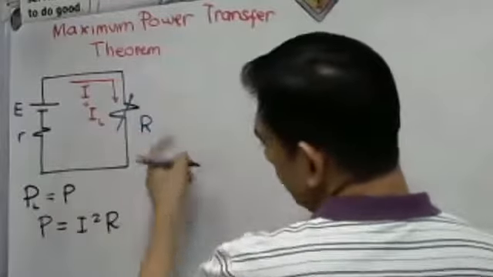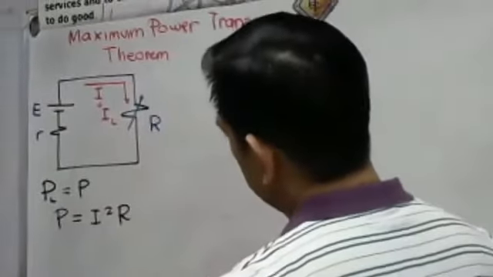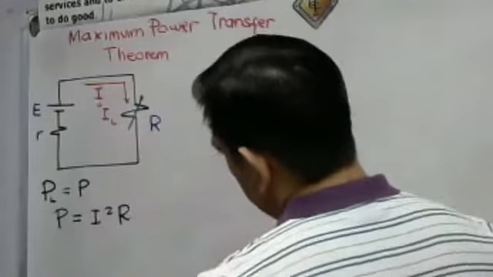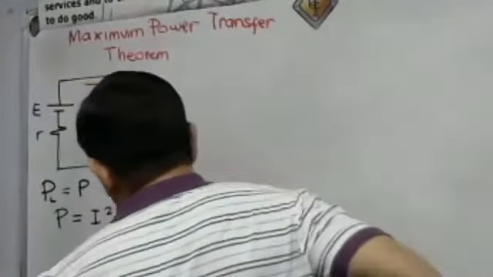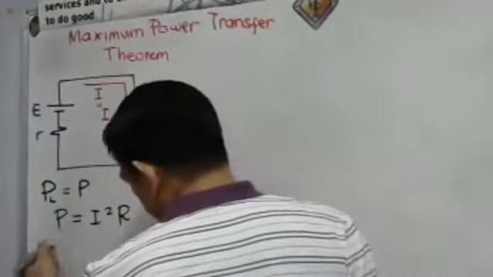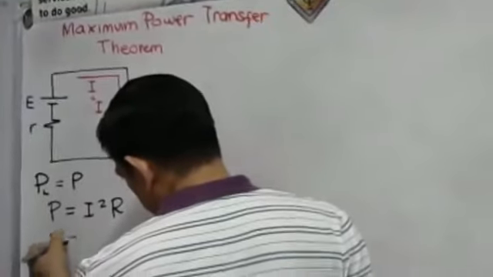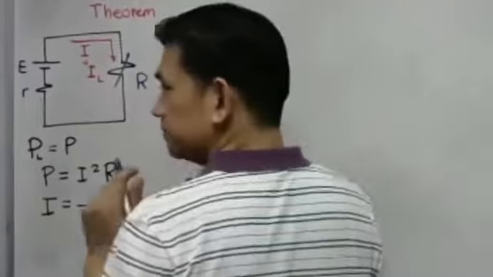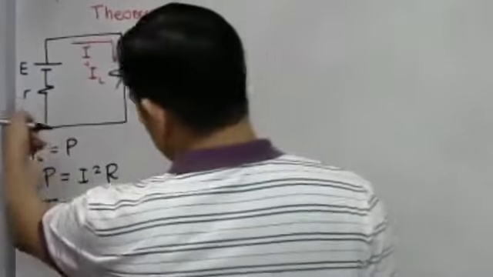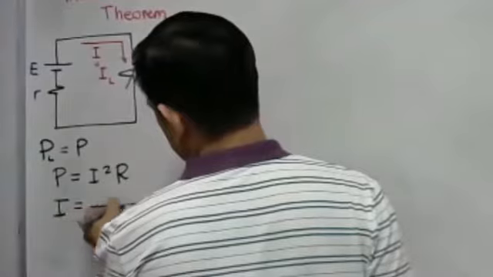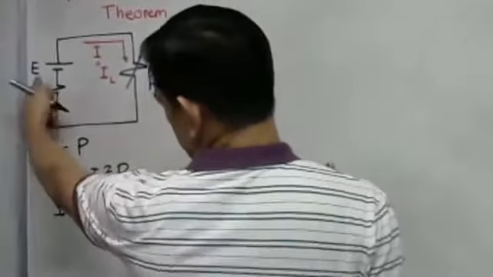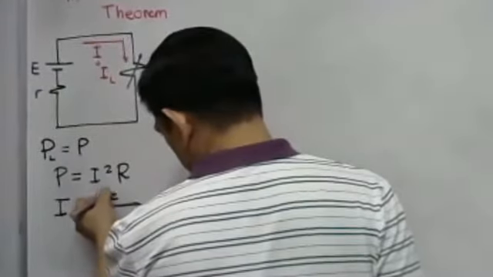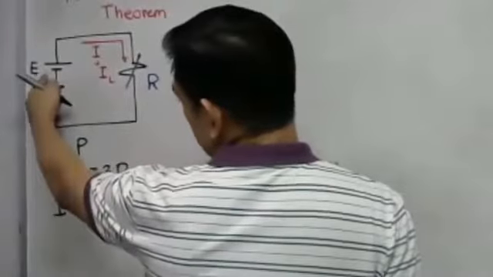The R here is the load resistance. So, let us have our load current. What is the formula for our load current here? Our load current is simply equal to, this is just by Ohm's law, the total voltage E divided by the total resistance.